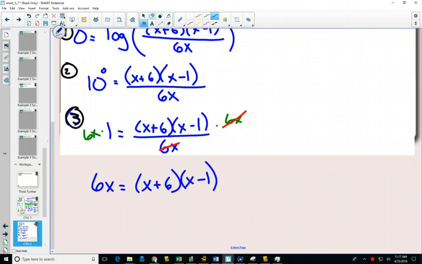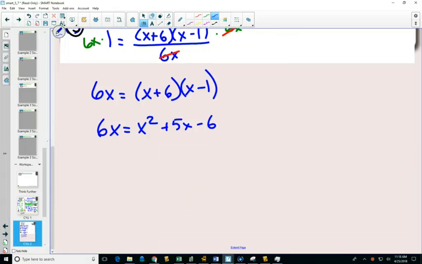Now we've got another kind of equation. What kind of equation is this one? This one is going to be a quadratic equation. And so how do we solve a quadratic equation? Well, we expand. And then in order to solve a quadratic equation, you have to make one side equal to 0.